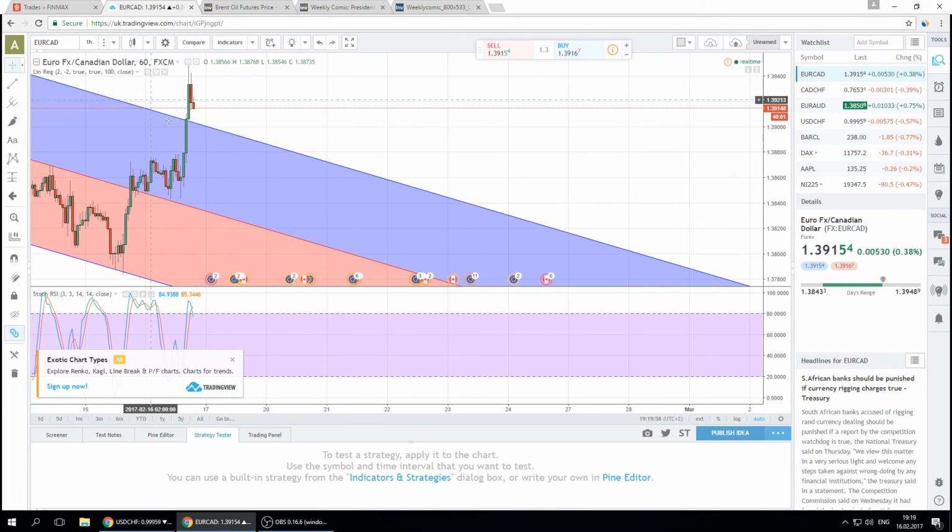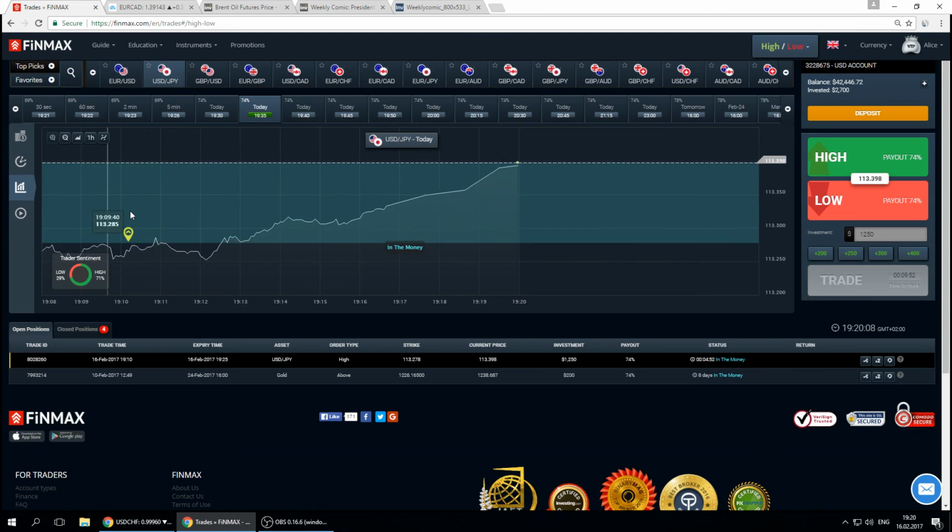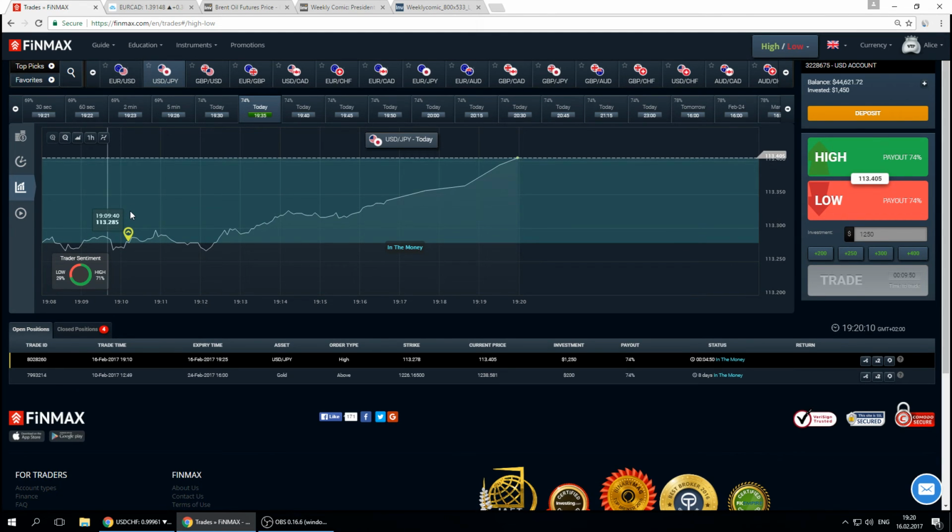Some of my traders tell me that they get interest when their prediction is correct. They get more satisfaction not from making money, but from trading in general.